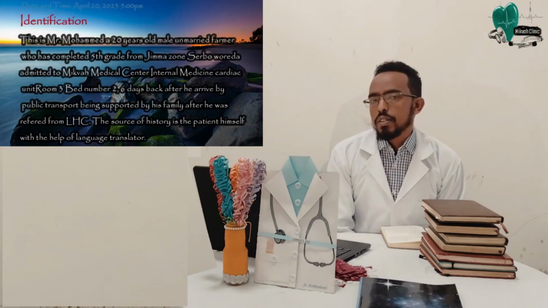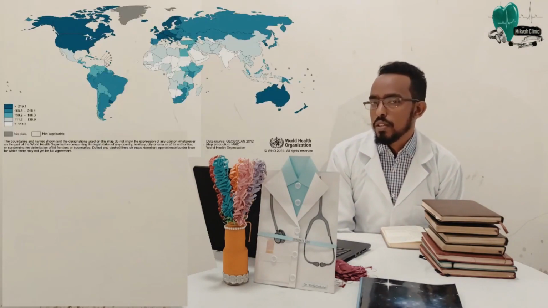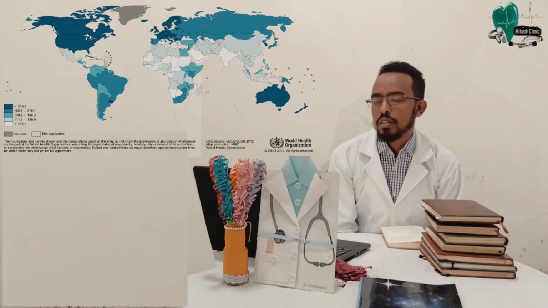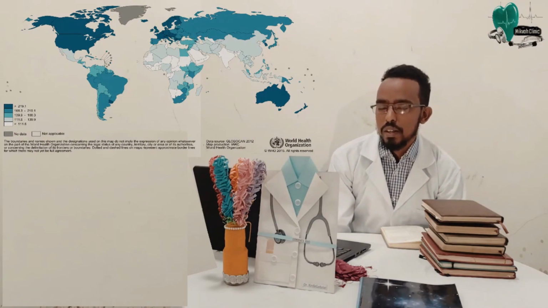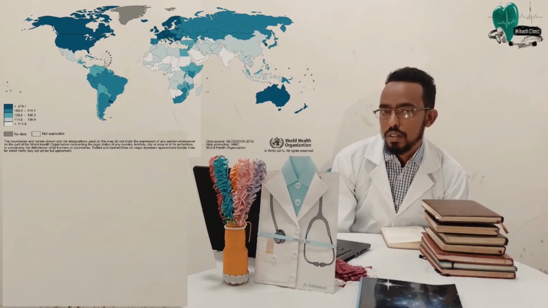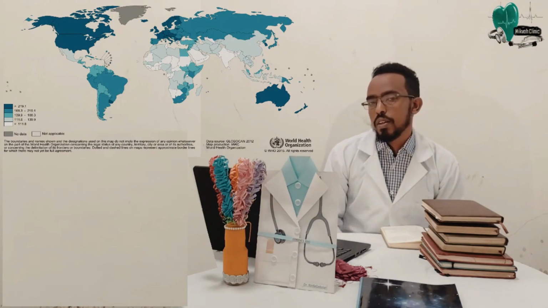When we study every disease, there is one component called the epidemiology of the disease. Under epidemiology, the age distribution of the disease is always mentioned, whatever disease we study.